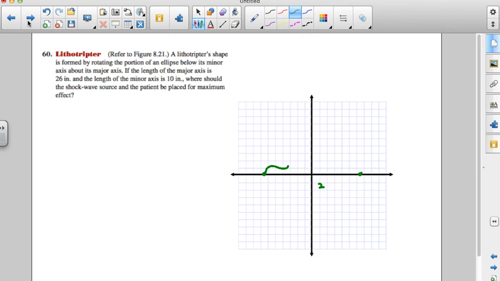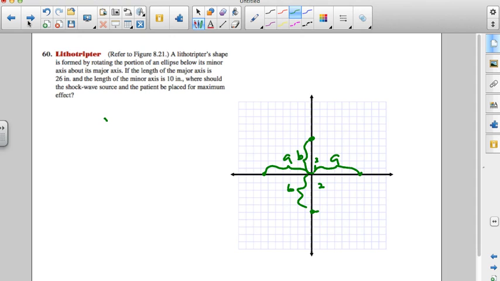So that means that this distance is A. Minor axis is 10. Well, then that means we would go 5 up and 5 down. And I think I can still go by 1s this way. But now that'll give us B. So our center is obviously 0, 0, and either one of these will give us our B value.